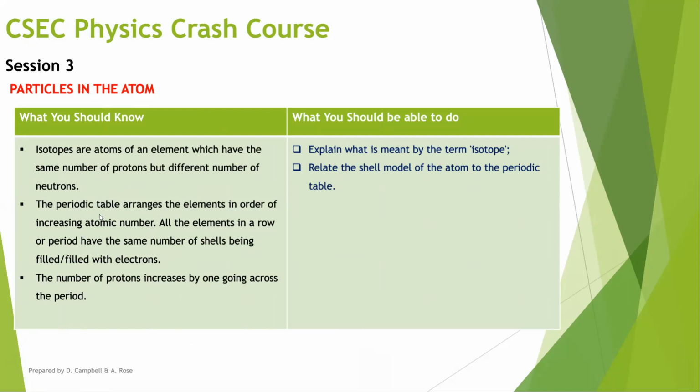The periodic table is a diagram or a figure which arranges the elements in order of increasing atomic number. Generally, that is the case. And all the elements in a row, which we call a period, have the same number of shells being filled with electrons.